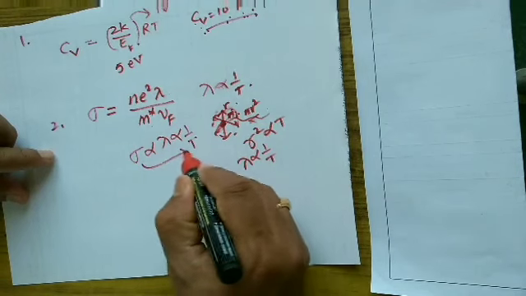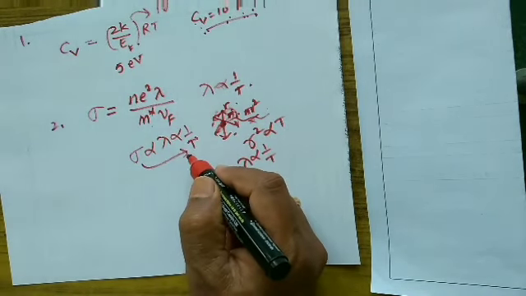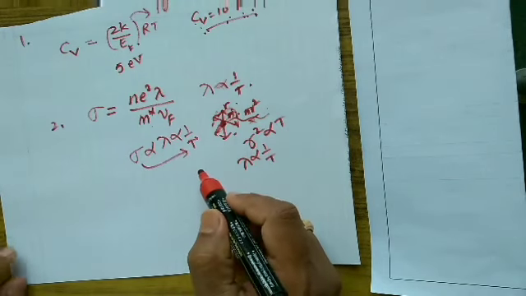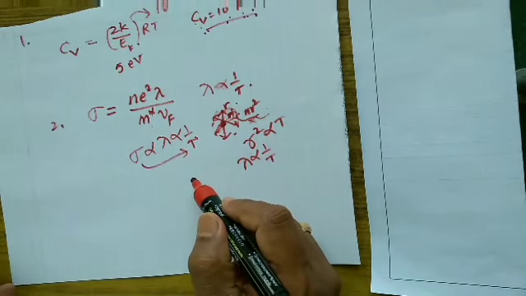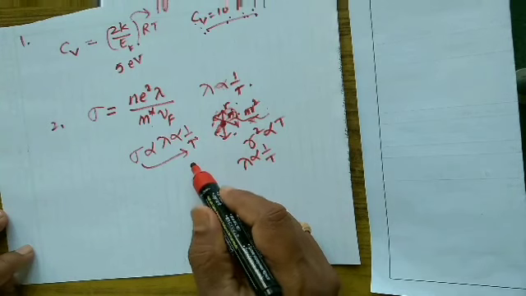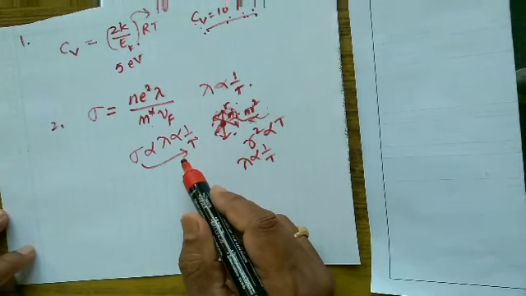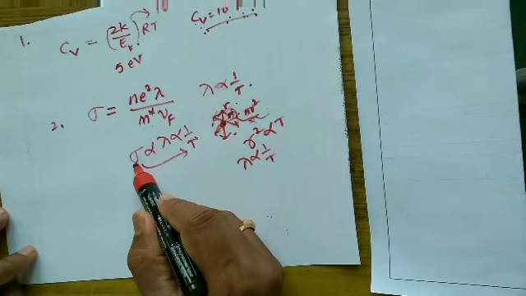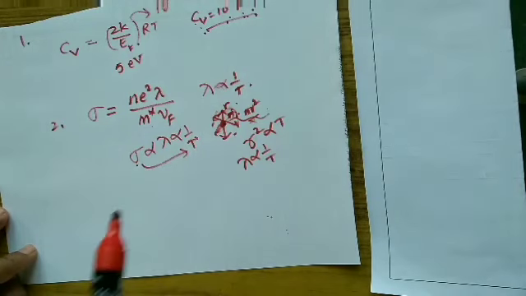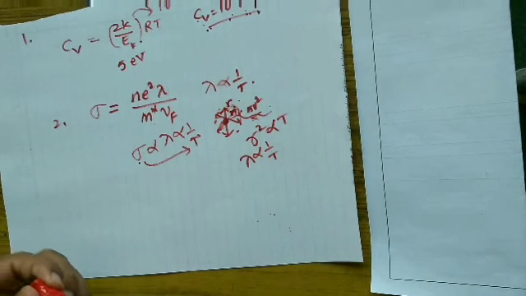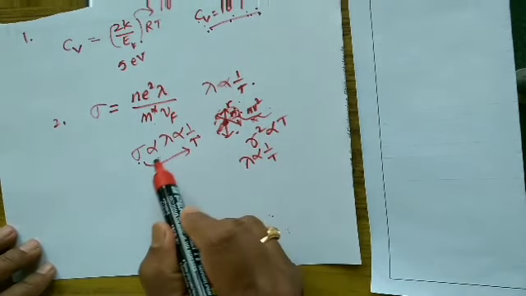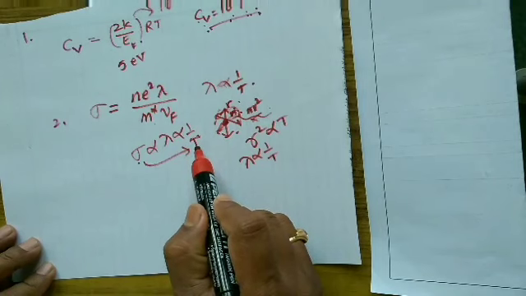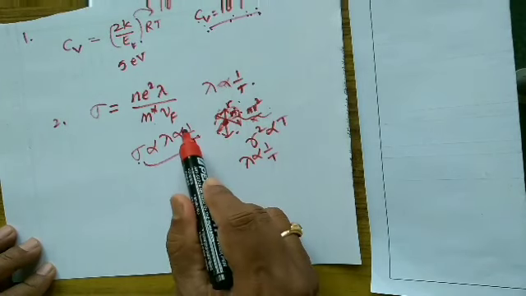This is how quantum free electron theory corrected the second failure of classical free electron theory, in which the electrical conductivity was proposed to be inversely proportional to square root of absolute temperature. The quantum theory has shown that it is not inversely proportional to square root of temperature, but simply inversely proportional to temperature itself, sigma proportional to 1 by T.